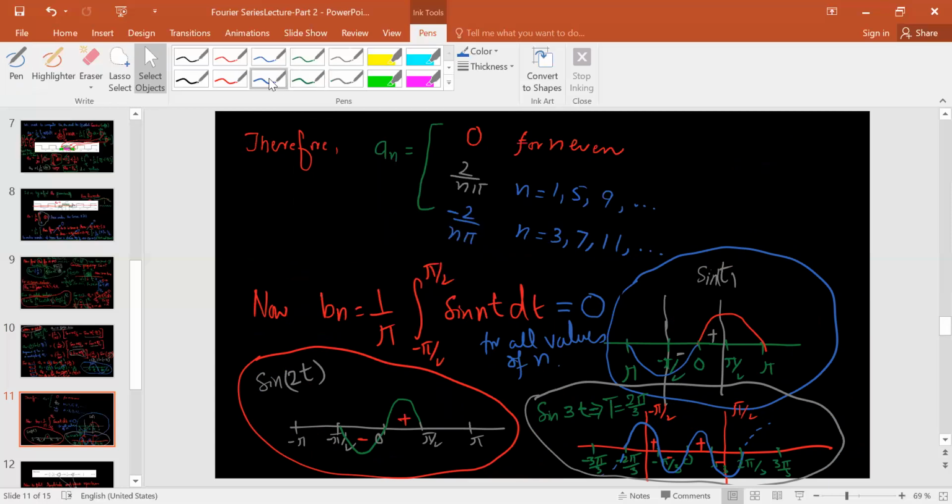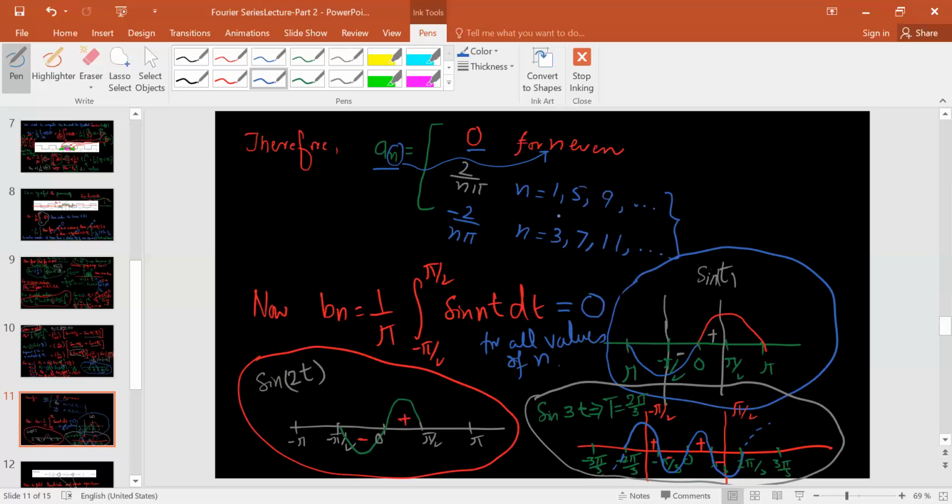I will try to conclude it now, and the conclusion is that an has 3 cases. The n that I'm looking at right now can be even. If n is even, then it is 0, because in this case the upper value and the lower value will cancel each other, as I've shown you. But if n is odd, then I have 2 categories in the odd.